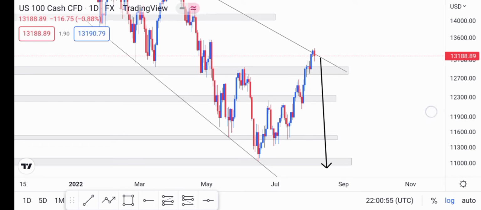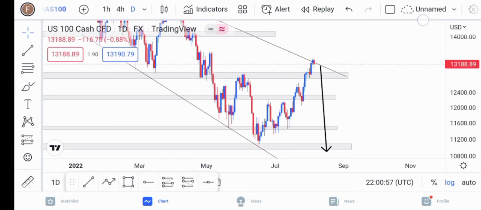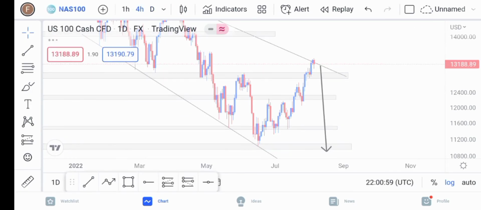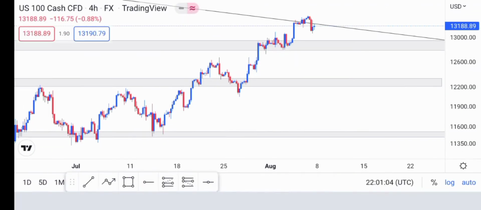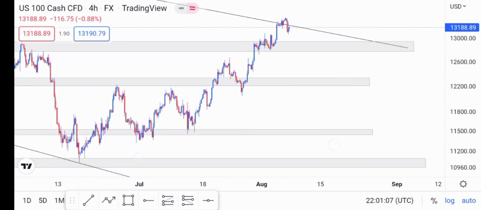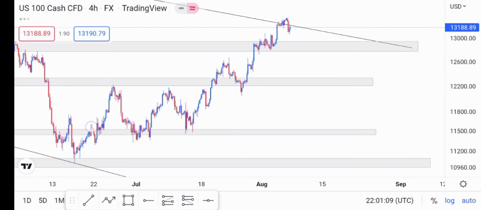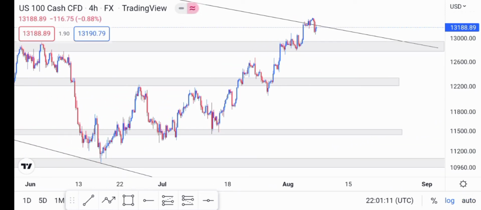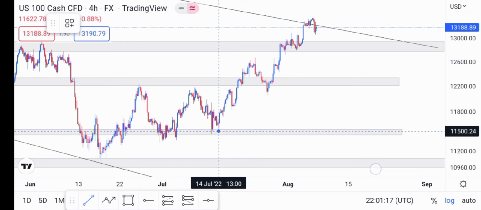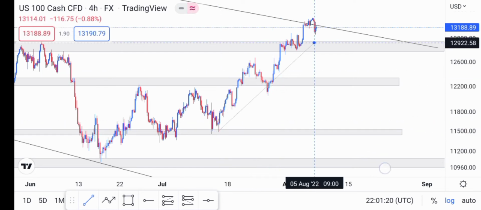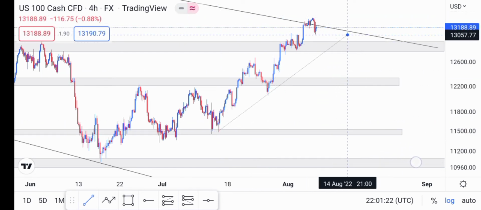So let us move to the 4-hour time frame. Okay, as you can see, we've been on a beautiful uptrend to the upper side.